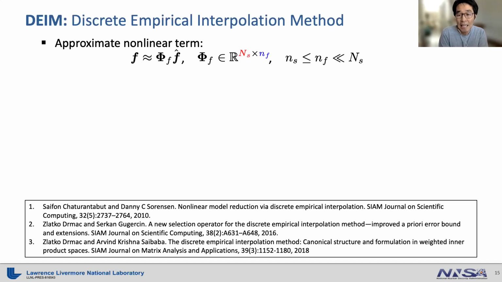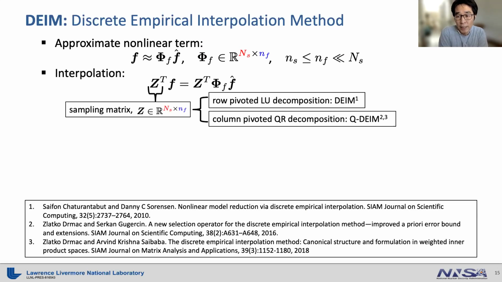DEIM introduces the nonlinear basis phi of f and then expresses the nonlinear term as a linear combination of nonlinear basis vectors. Then it introduces a sampling matrix Z, which selects an important subset of the nonlinear terms. So after the action of Z on nonlinear term f, only the subset of f will be evaluated.